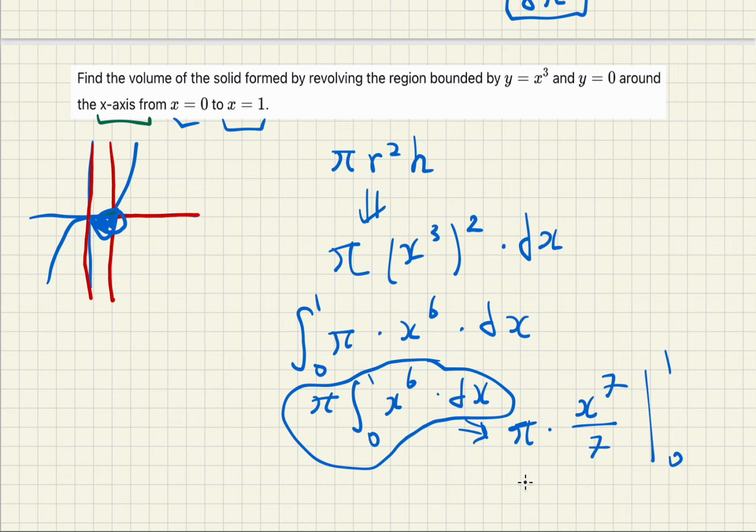And so our final answer is pi times 1 over 7, or pi over 7. And so this is our volume. Pi over 7 is the volume for this solid 3D object, which we got from revolving the region bounded by this equation with these bounds.